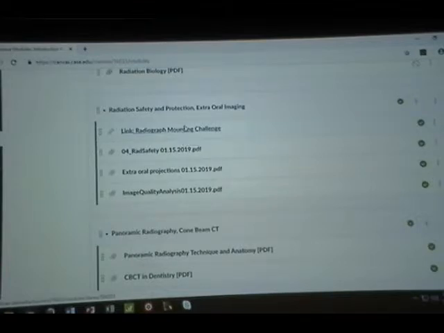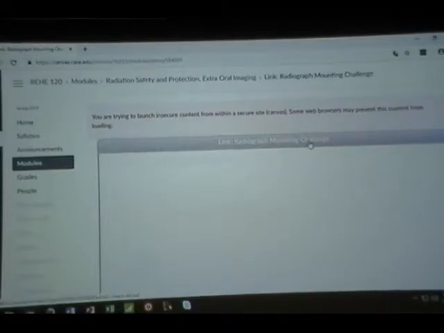So here is the link to radiographic mounting and anatomy. Hopefully, not the anatomy, sorry, the mounting. When I say mounting, it basically means how can, well, it looks like it does not want to behave.